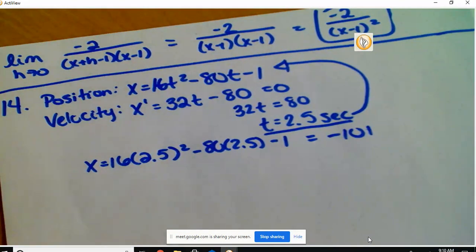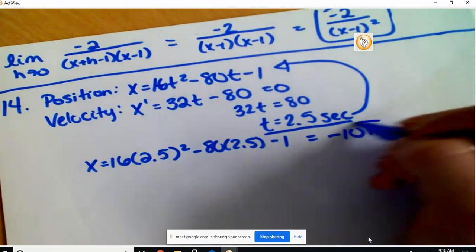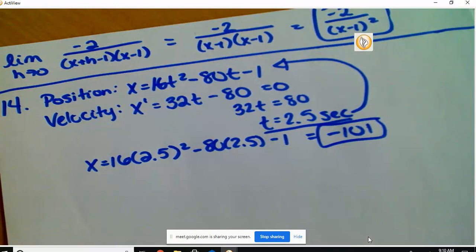Okay, why would I have gotten a negative value here? What does that tell me? How can a position be negative? Yeah, it means you went backwards. 101, I didn't even give you units on this. Feet, yards, whatever we were measuring in.